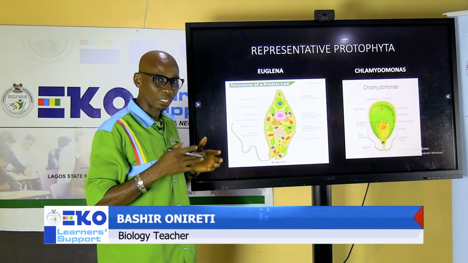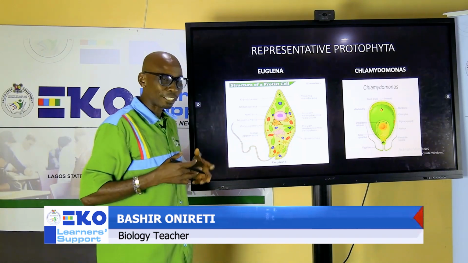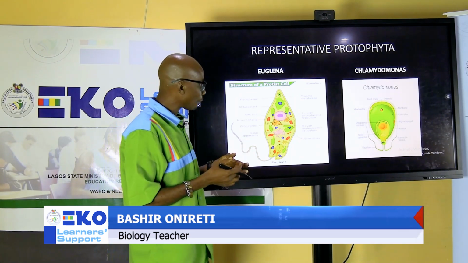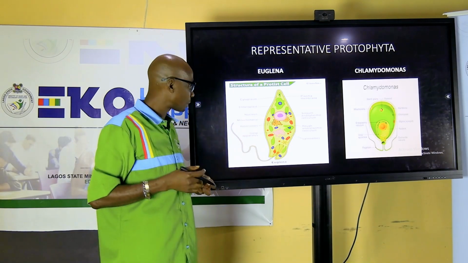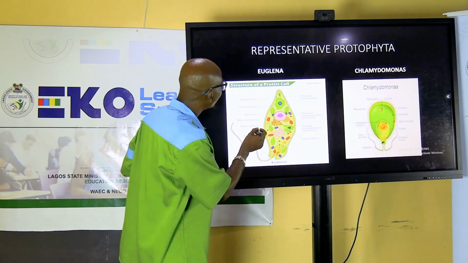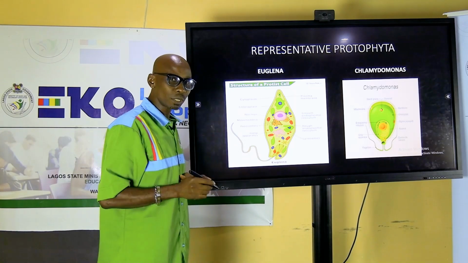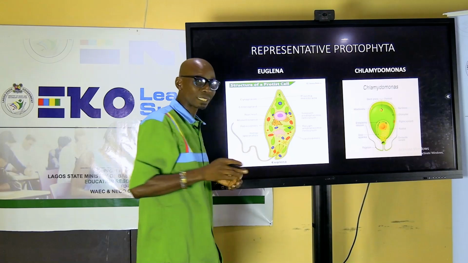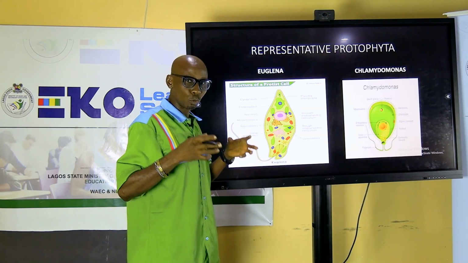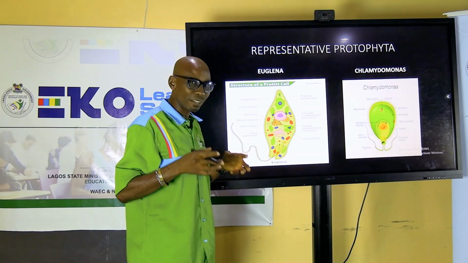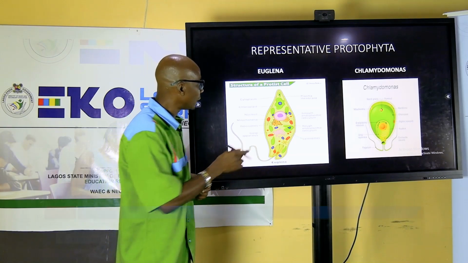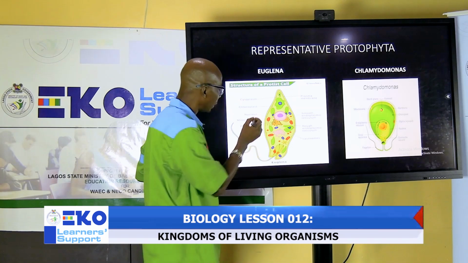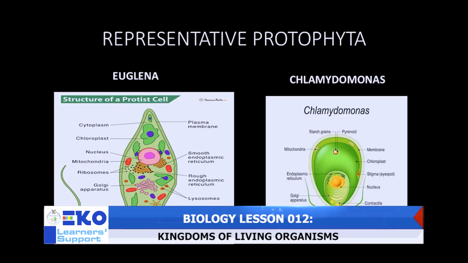It can also behave as a plant at some point because it has some structures within it that make it behave like an animal and also structures that make it behave like a plant. For example, it has chloroplast. Any organism that has chloroplast is a plant because it is the chloroplast that allows plants to produce chlorophyll, which is very important for photosynthesis. Its plasma membrane, its own body, has been modified to what we call pellicle.